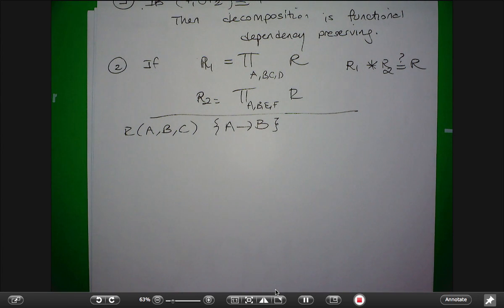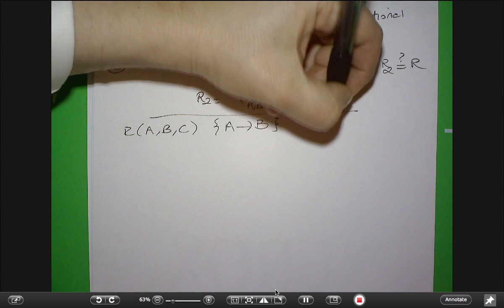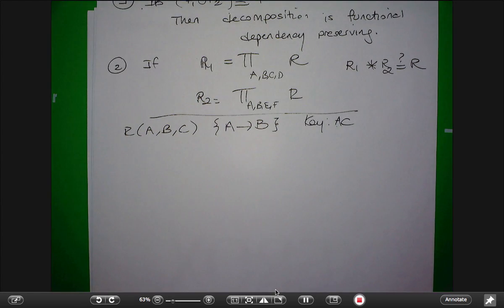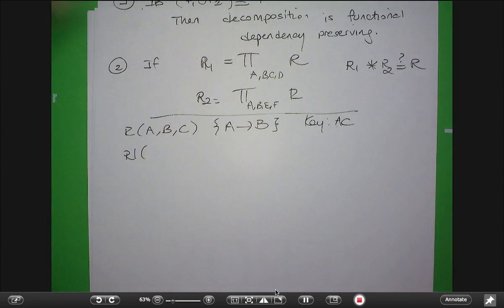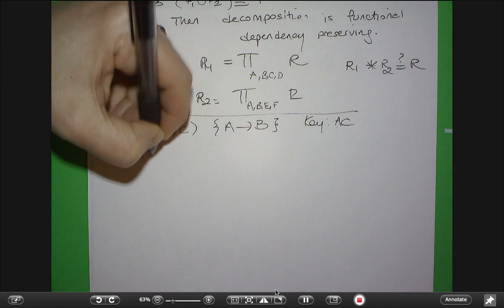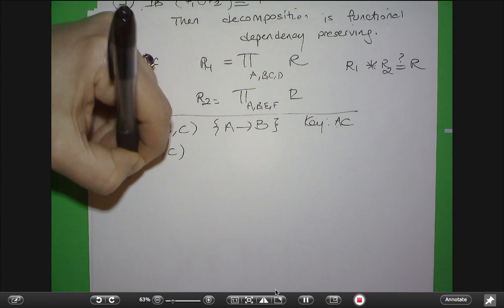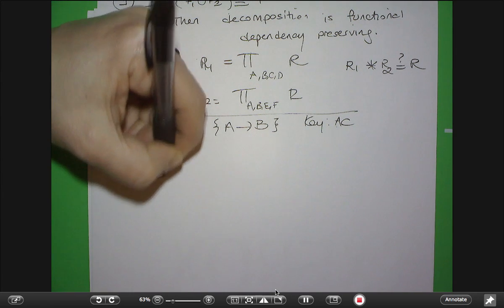And nobody implies C. So the key in this case is AC. Okay? Suppose now I have R1 that has A and C, and R2 has B and C.